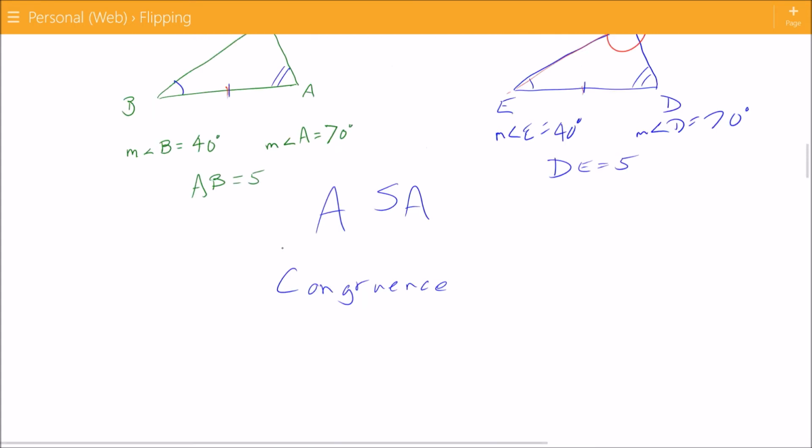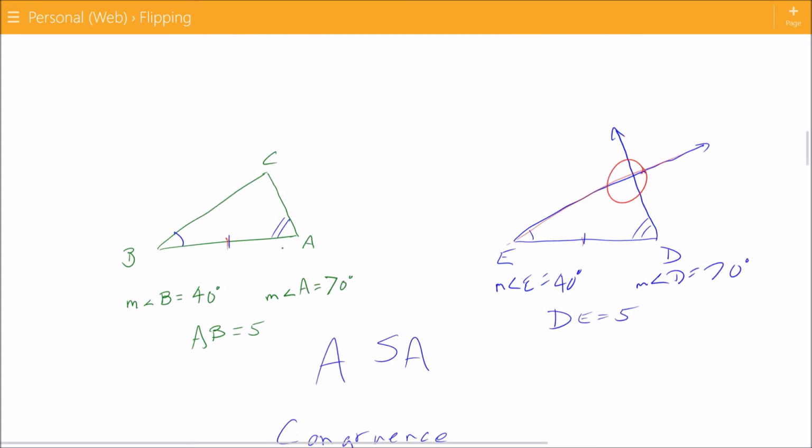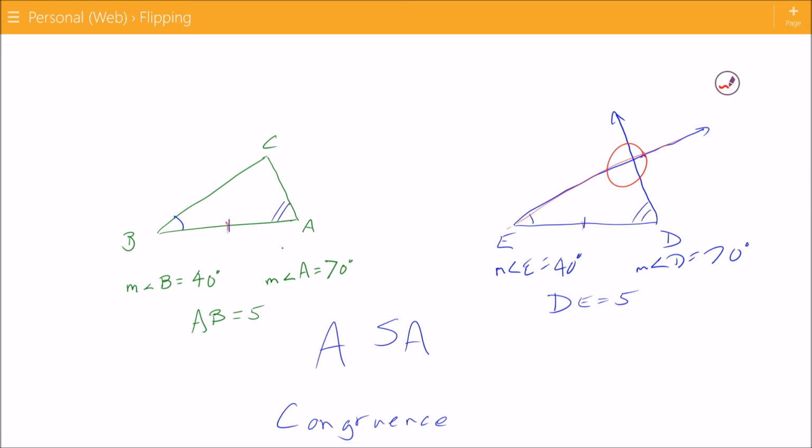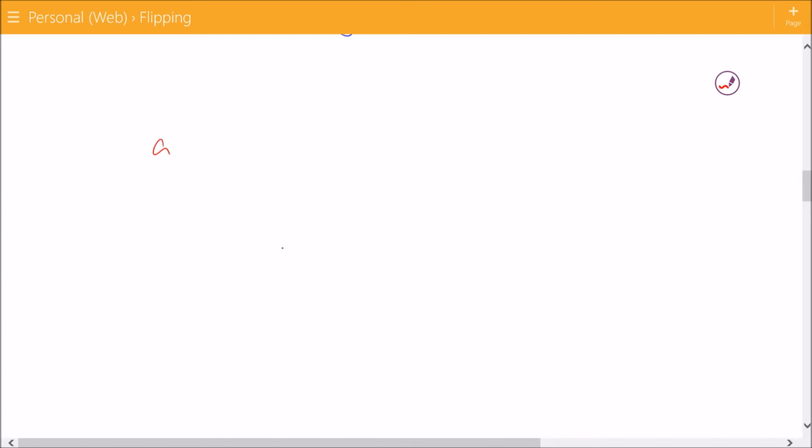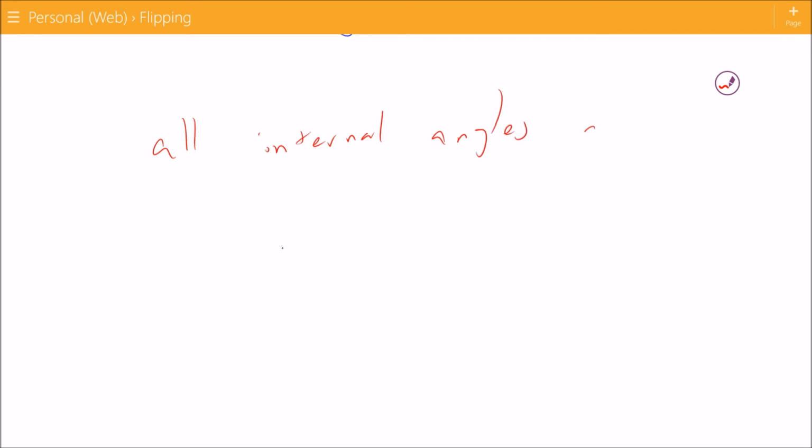The other thing about this, before we move on here, is that the measure of all three internal angles of a triangle add up to 180 degrees. That's a fact. That's how it is.